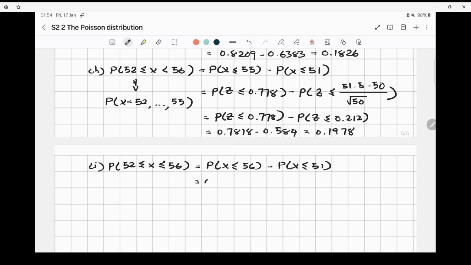So this will be 0.8209 minus 0.584. You will get 2369. Alright.